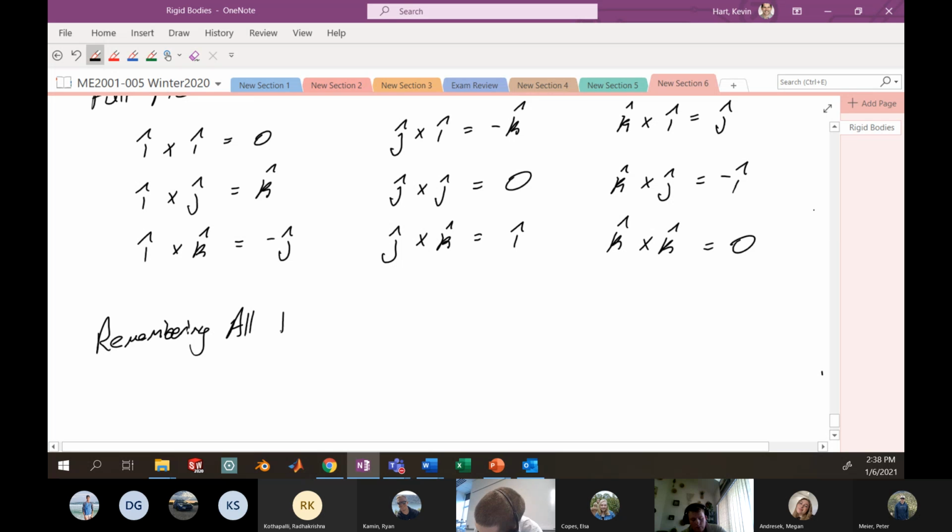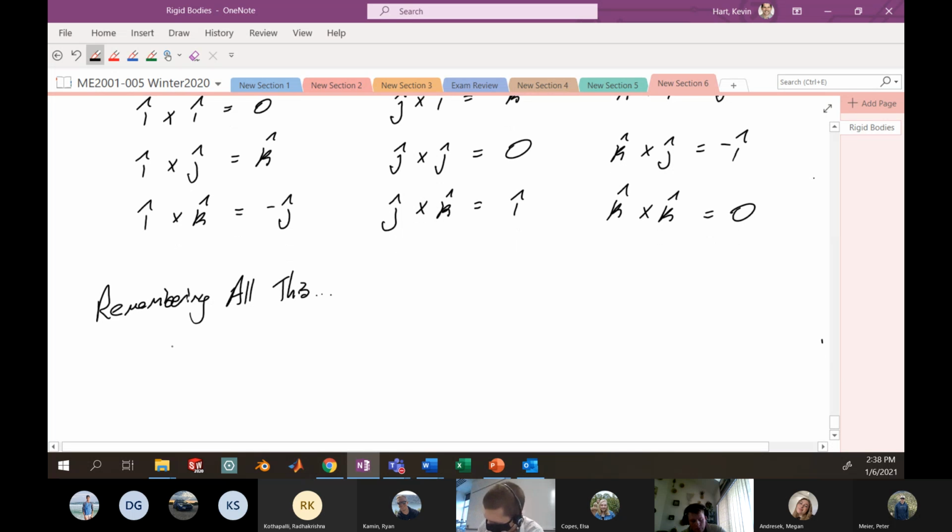Remembering all this is not really something I would want to memorize. There has to be some mnemonic or some easy way to do this. I like the IJK circle, which looks something like this.